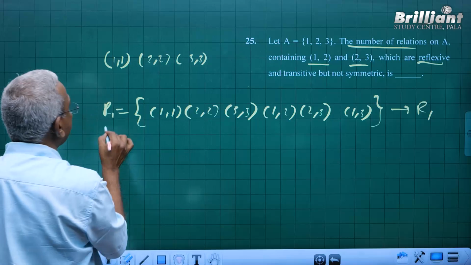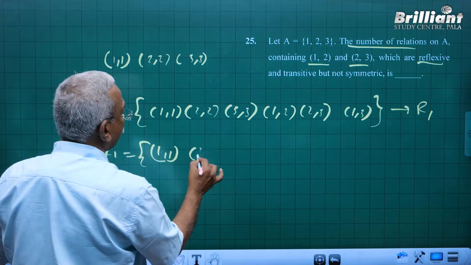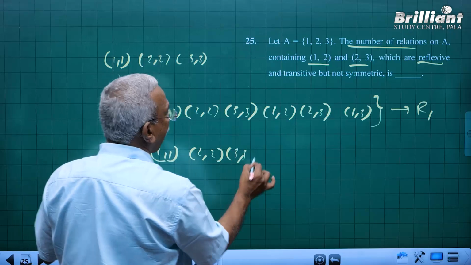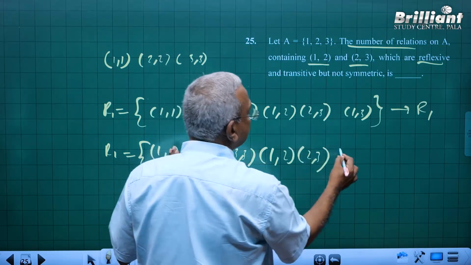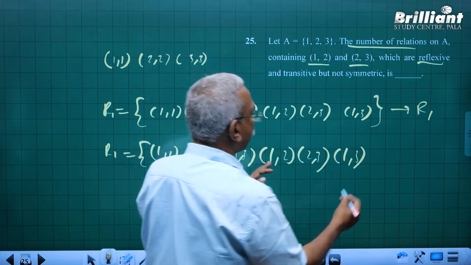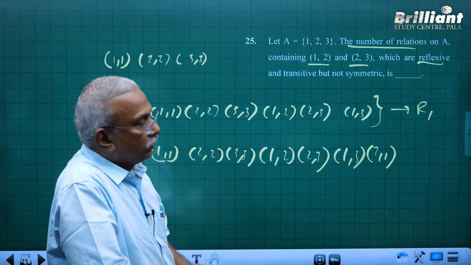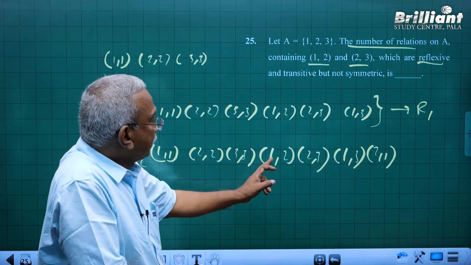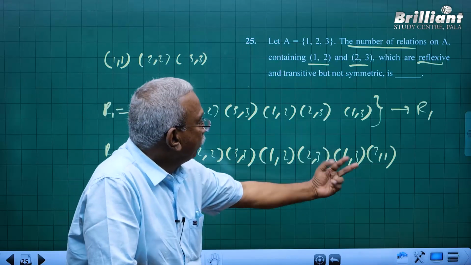I wish to add, this is R1 and R2 is there, along with (1, 1), (2, 2) and (3, 3) and the compulsory elements (1, 2) and (2, 3), and this transitiveness will provide you (1, 3). Now I wish to add (2, 1). I add (2, 1). Then this is okay, but not including (2, 3) and no (3, 1).